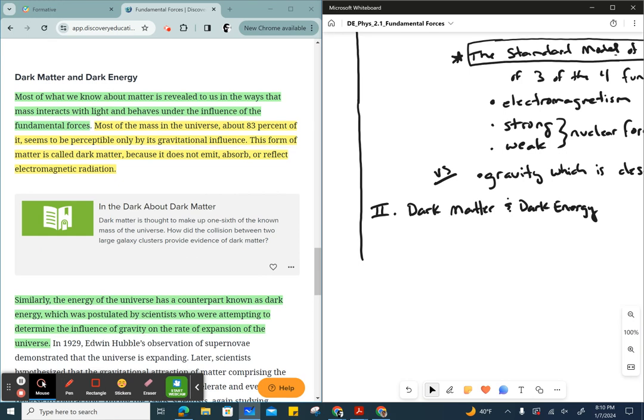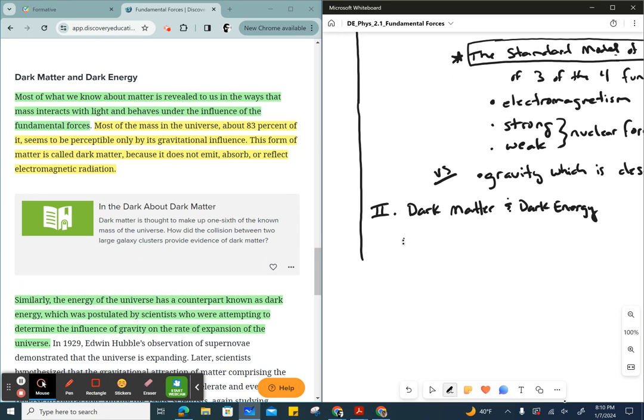This form of matter is called dark matter because it does not emit, absorb, or reflect electromagnetic radiation. So we can't really study it using those other tools that are related to electromagnetism or strong or weak nuclear forces. I know I'm saying a lot here, and you may have to replay this video just to listen to some of the things I'm saying there.